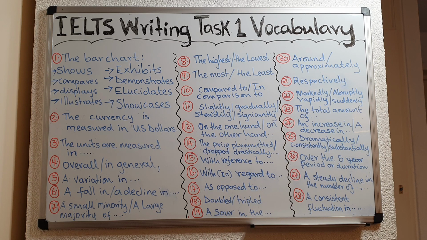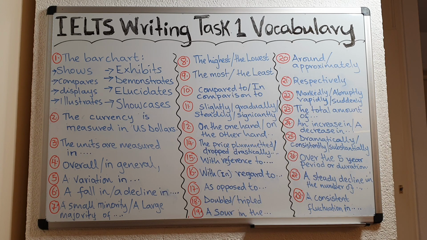Number 7, a small minority. A small minority, a large minority. We tend to use these terms when we are describing things that have to do with population. A small minority means a small group. A small minority of the people live in slums.